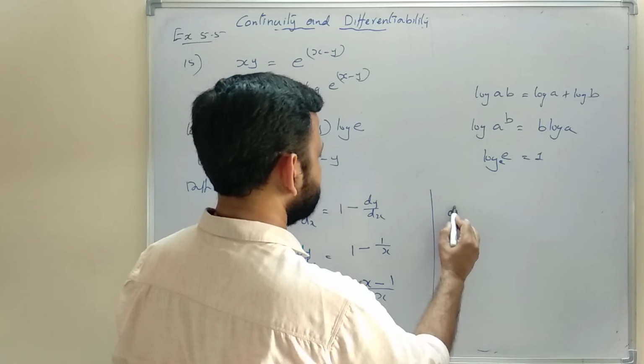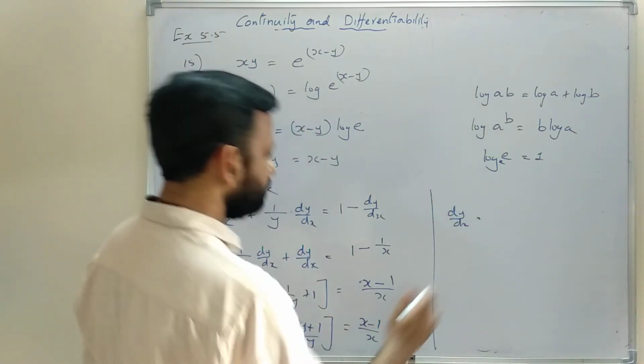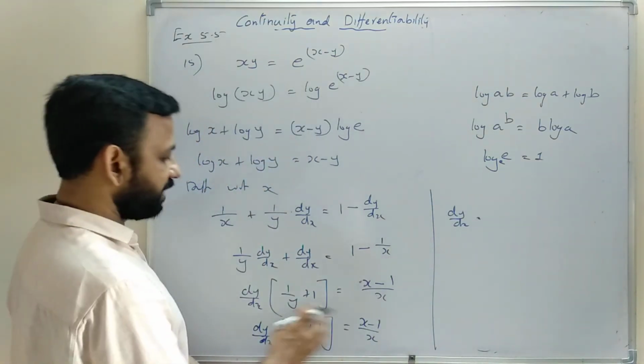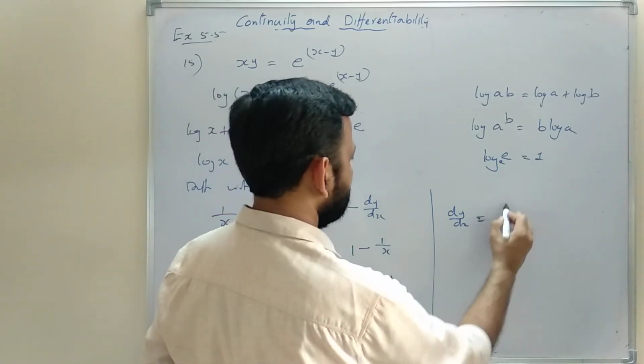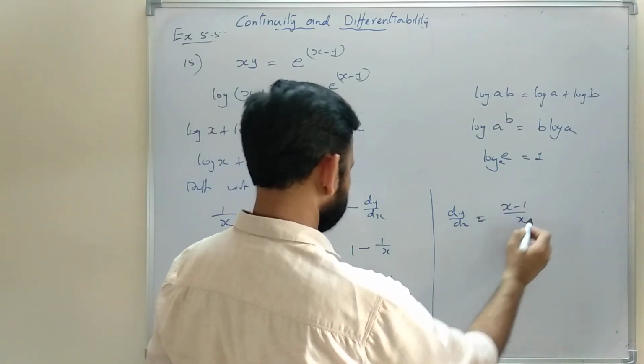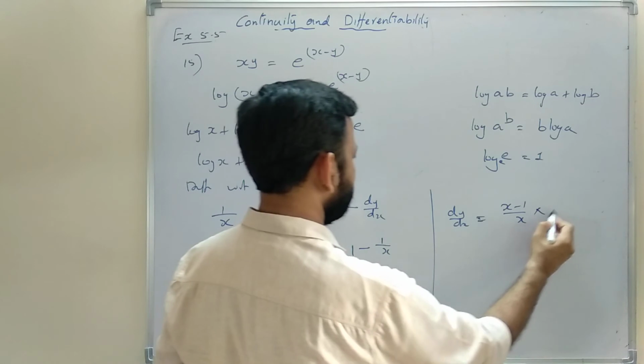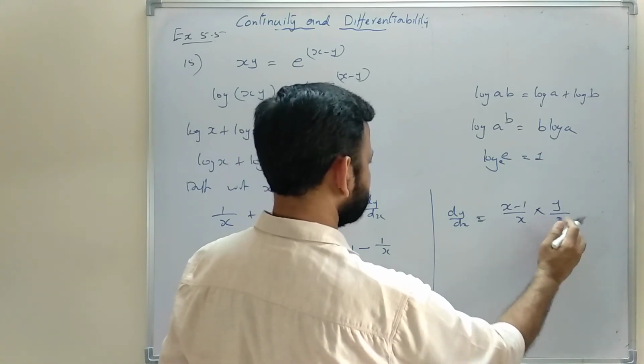Therefore, dy by dx equal to this expression divided by this one, that is x minus 1 upon x divided by y plus 1 upon y, that is into y upon y plus 1.